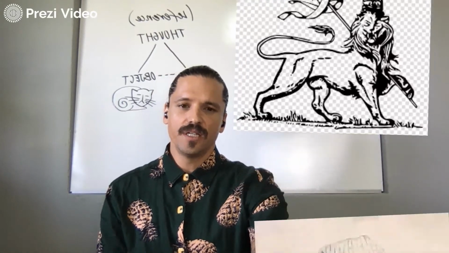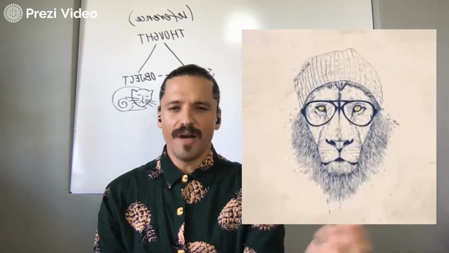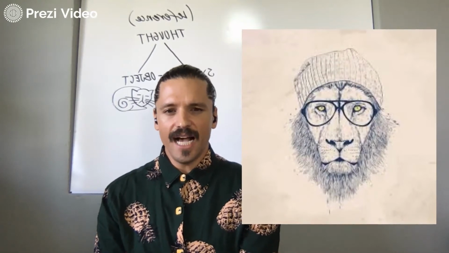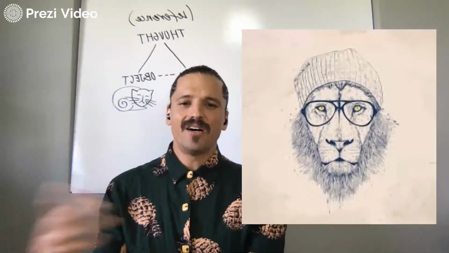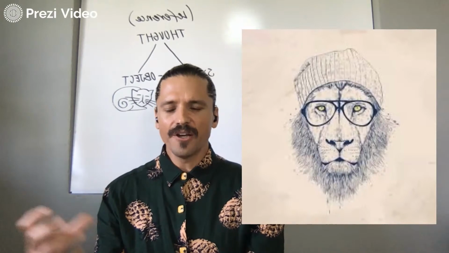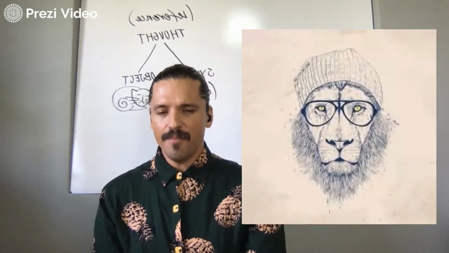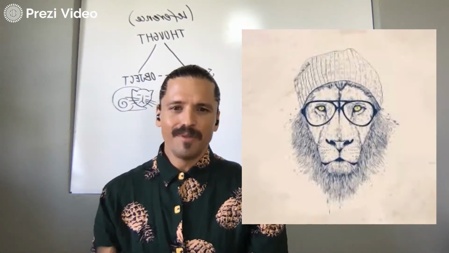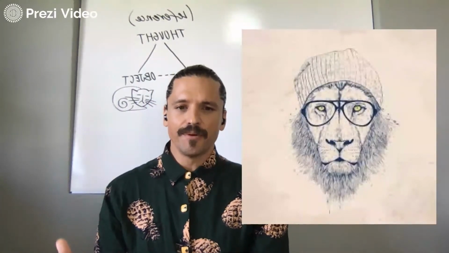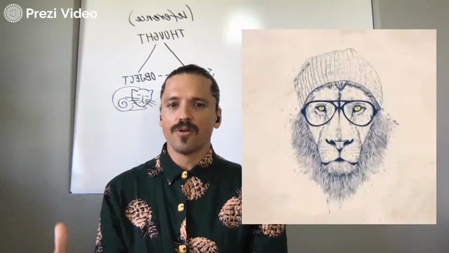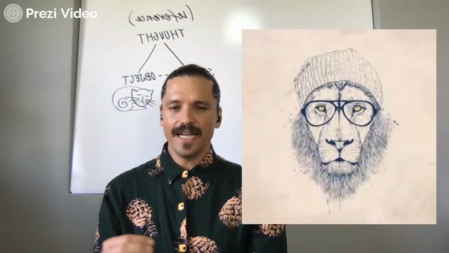The Lion of Judah. You might throw a beanie and some glasses on a lion, and now you are connotating and using the symbols not only of strength and power here, but some sort of contemporary hipster cultural notion of identity.